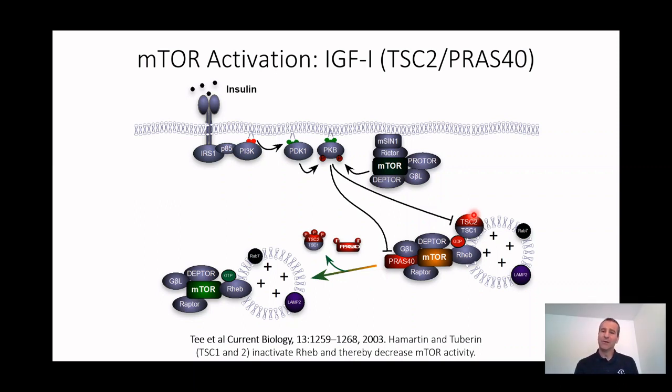And now, because TSC2 has been phosphorylated and moved away from Reb, Reb's become GTP loaded, mTOR is on, and then PKB phosphorylates PRAS40, mTOR then phosphorylates it again, now PRAS40 moves away, and now you have an active mTOR that's open to phosphorylating other new proteins.